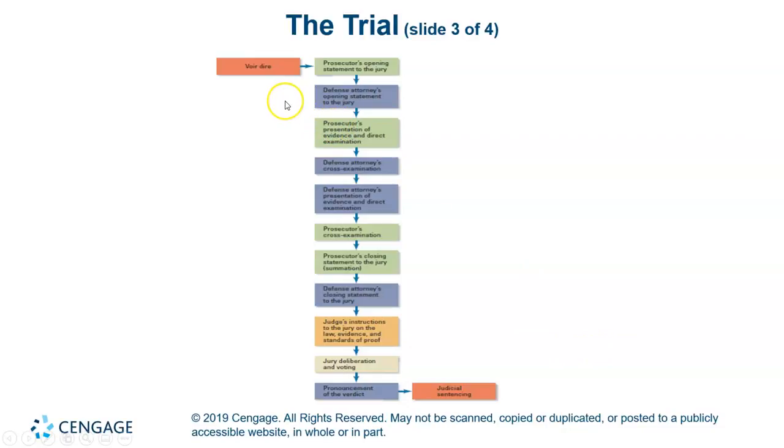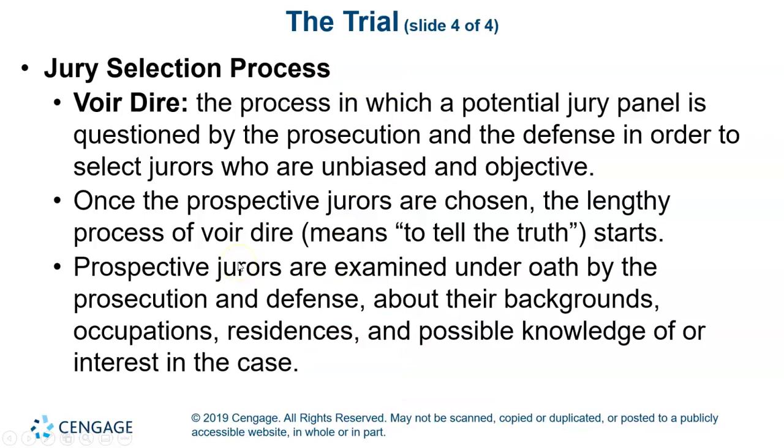Okay. You're going to have the prosecutor's opening statement to the jury, the defense's statement, the prosecutor presents evidence, defense attorney cross-examines, defense attorney's case, prosecutor cross-examines, okay? And then it goes all the way down to sentencing.